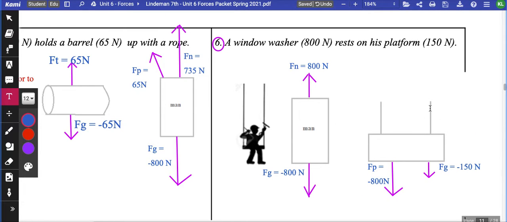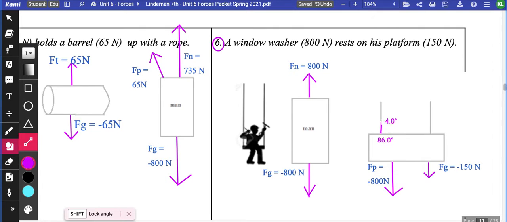Okay, so now we get to the tension forces, because he's on a swing. He's on a swing, so we have two tension forces. I'm actually going to hold off on drawing these arrows for a second. I want to think through the magnitude before I draw the arrows. So our magnitude of the tension forces is going to be equal to the magnitude of the downward forces. So 800 plus 150 divided by 2 is 475.